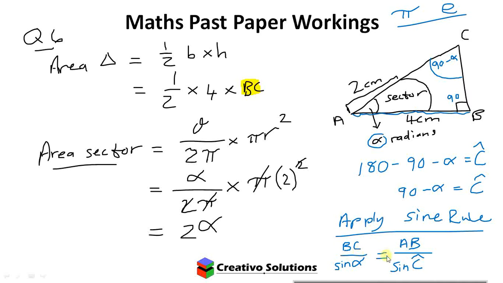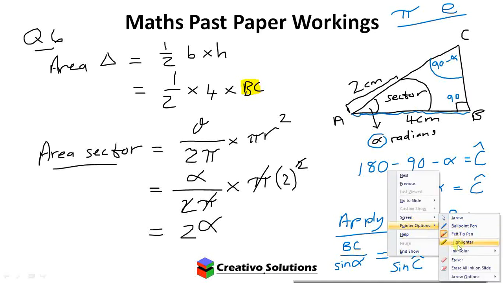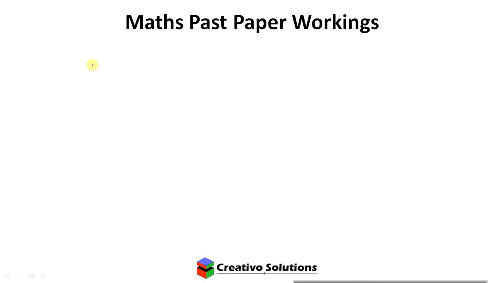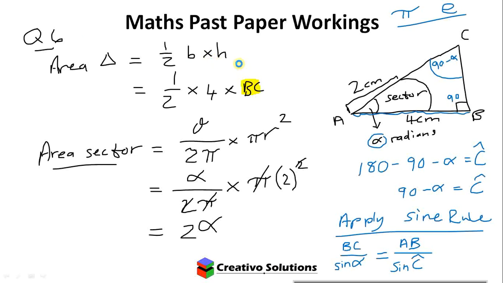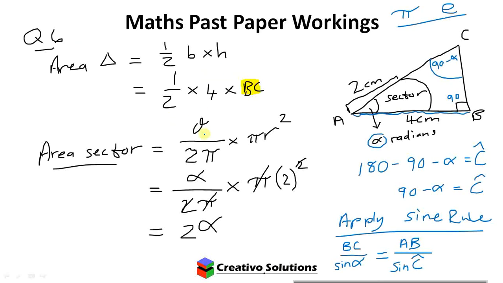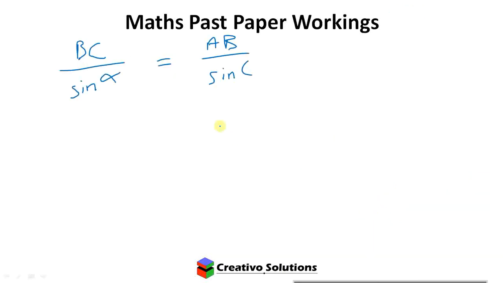I need to work out BC. So what would BC be equal to? Well, let's work it out. I'm just going to rewrite it again. BC over sine alpha is equal to AB over sine C. Do I know what BC is? No, I don't. Do I know what sine alpha is? No, I don't. So sine alpha will stay the same. Can't simplify that any further. Do I know what AB is?